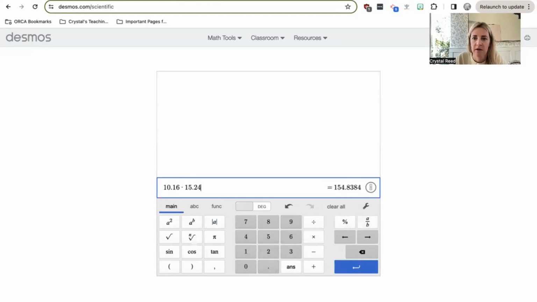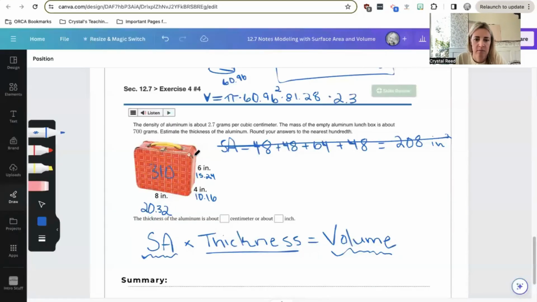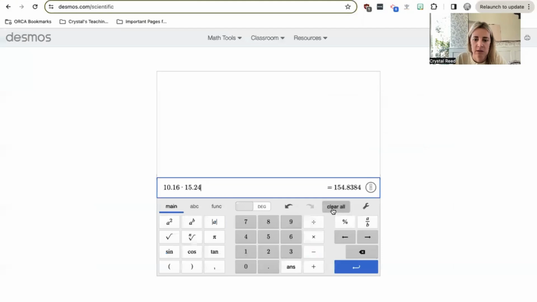Approximately 155. And then top and bottom would be 20.32 times 10.16. 206 approximately.